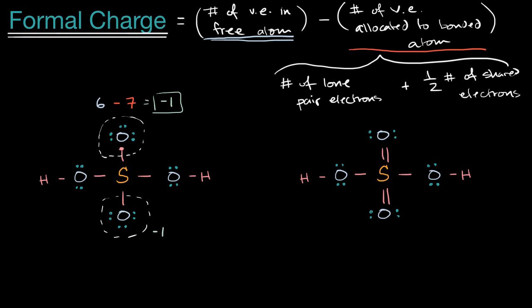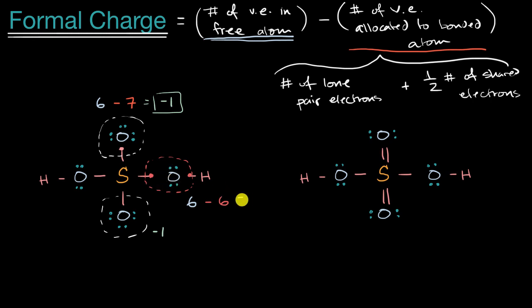Now, what about this oxygen right over here? And notice I'm taking half of their bonds into the picture. Well, a neutral free oxygen atom has 6 valence electrons. And the valence electrons allocated to this oxygen atom in this molecule are 2, 4. So 4 lone pair electrons. And then half of this bond, so 5. And then half of this bond, 6. So it has 6 valence electrons allocated to the bonded oxygen here.